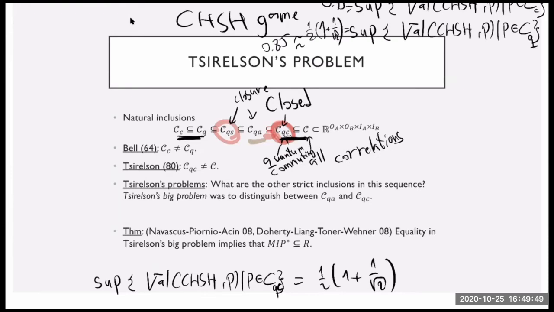Michael, you said that CQ and CQS have the same closure. Why is that? Okay, it's not that clear, but I'm claiming that any correlation that comes from CQS can be approximated using correlations that come from the finite dimensional case.